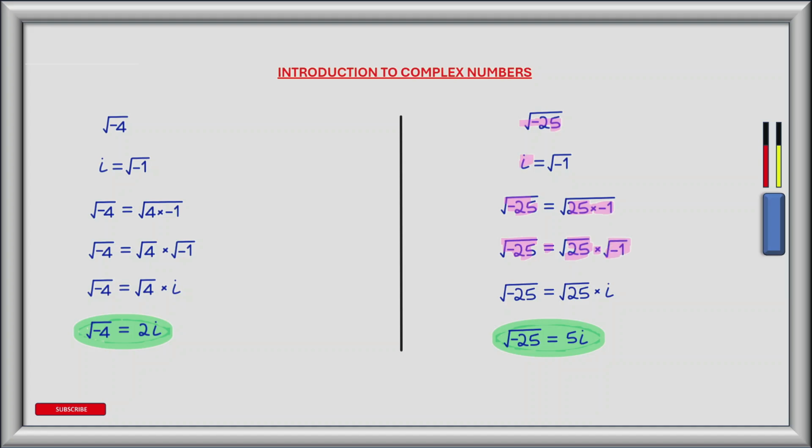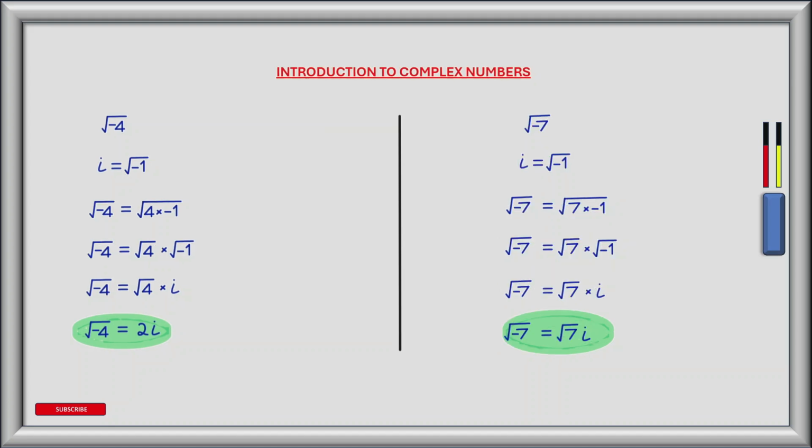If we now substitute i in for the square root of -1, we have the square root of -25 is equal to the square root of 25 multiplied by i. And taking the positive square root of 25, we have the square root of -25 is equal to 5i, which is our final answer. Let's look at one more of these.